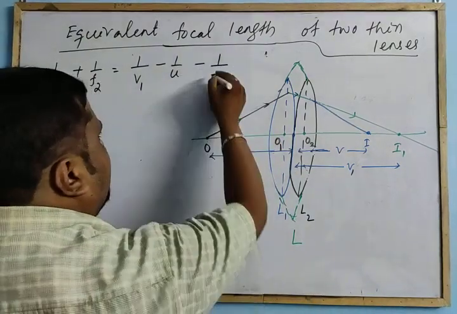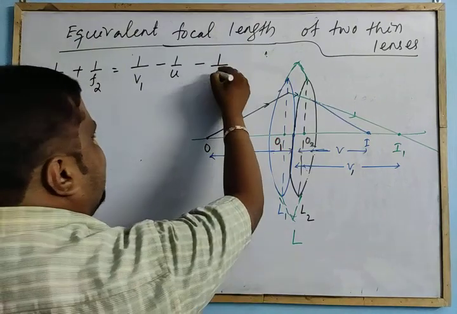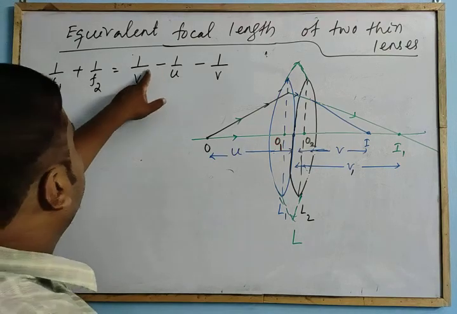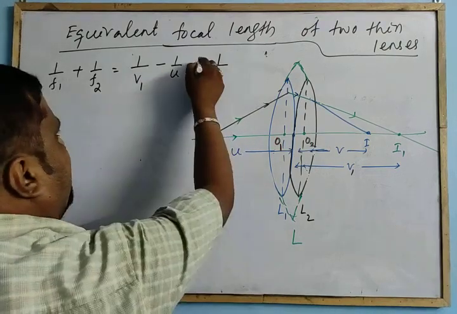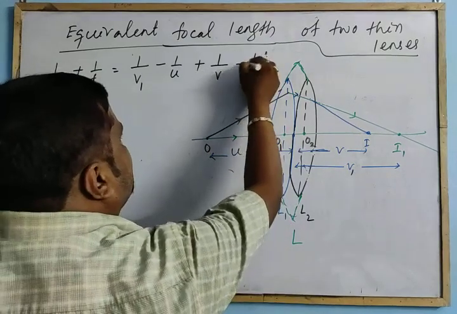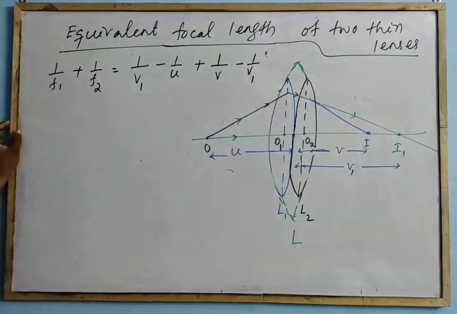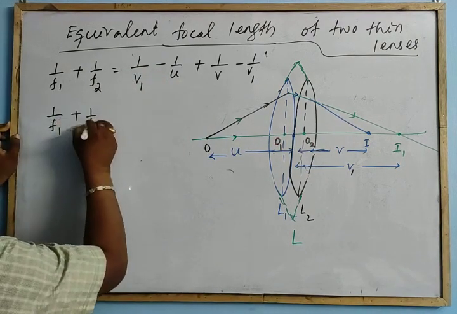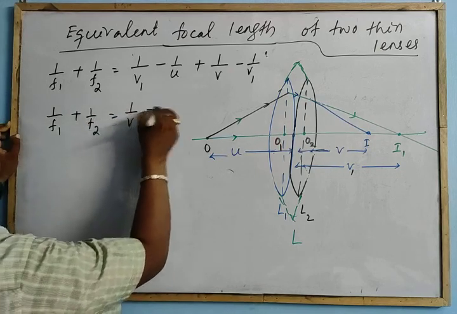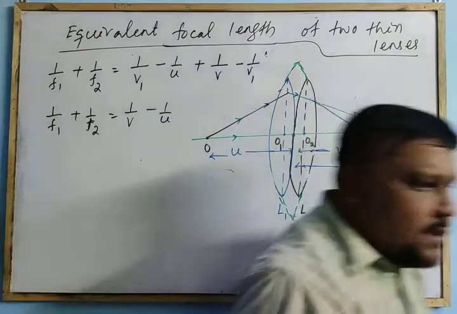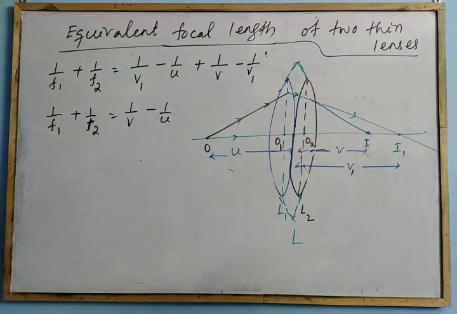It is 1 by v minus 1 by v1. Clear? So this will cancel each other. 1 by f1 plus 1 by f2 is equal to 1 by v minus 1 by u. That is the combination of these two. Clear? 1 by v minus 1 by u.